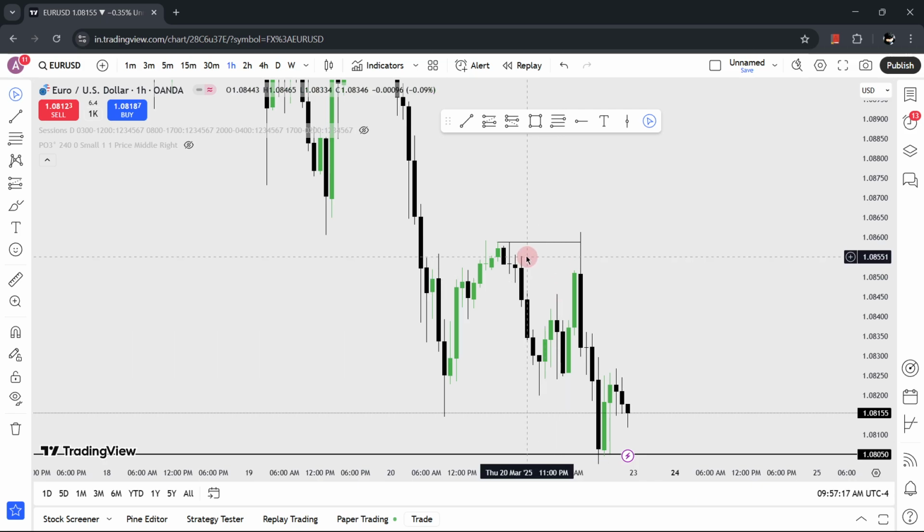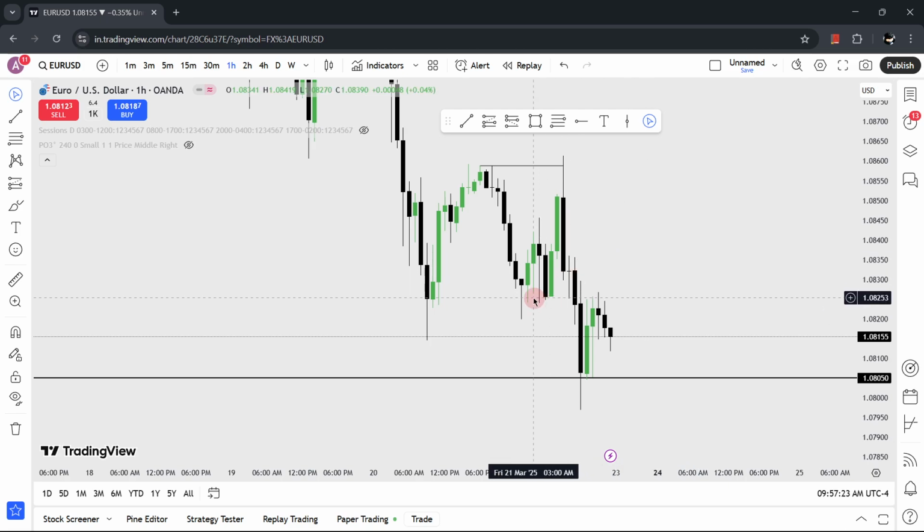This was a London high, this was the Asian high. Both highs were taken out. So when these highs were taken out, what are we resting? This London low, the previous day's low, and this 4-hour low.